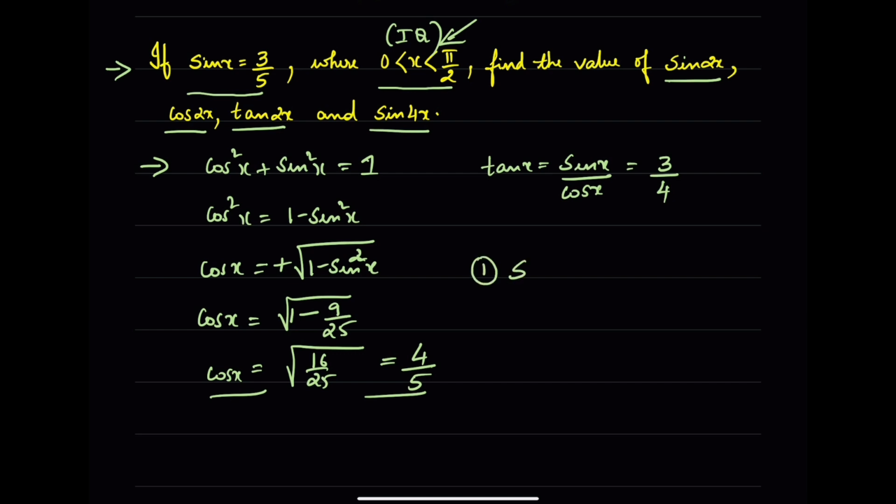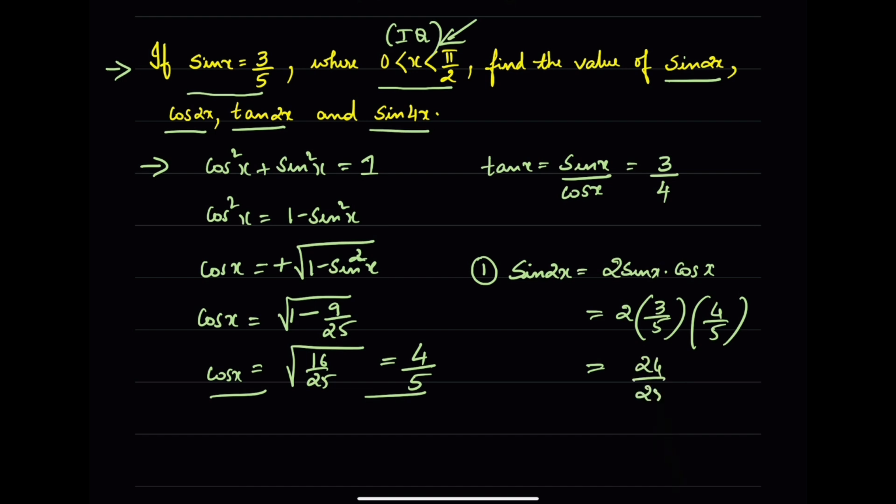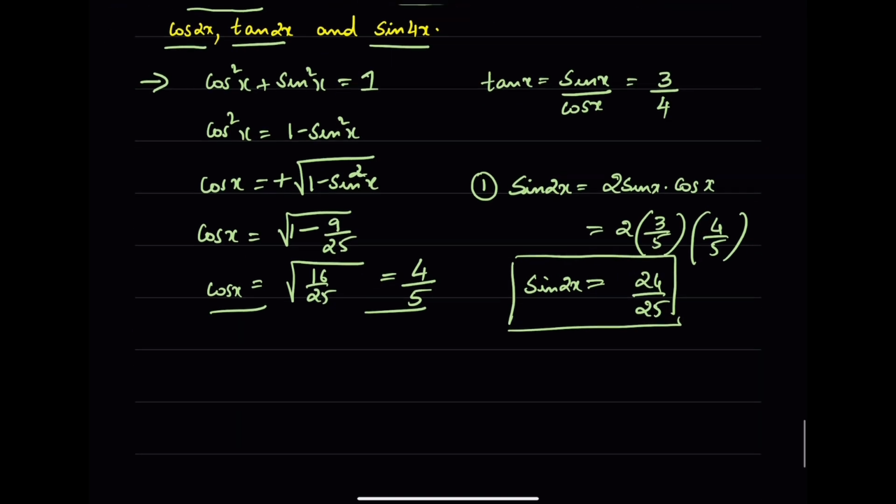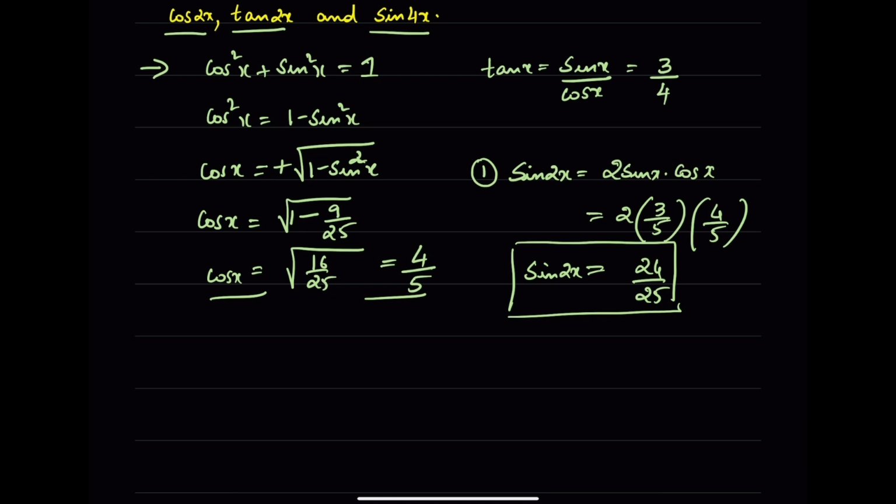The first one, sin 2x, we know the formula as 2 sin x times cos x. So this will be 2 times sin x, which is 3 by 5, and cos x, which is 4 by 5. So this will be 2 times 3 is 6, 6 times 4 is 24, by 25. Now let's approach the next one, cos 2x.